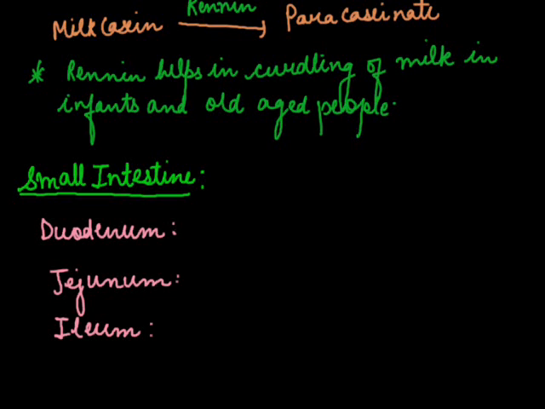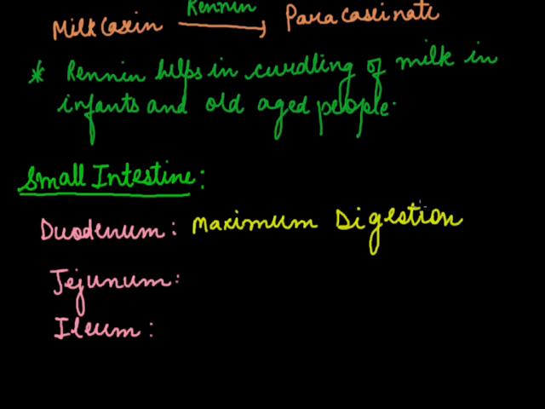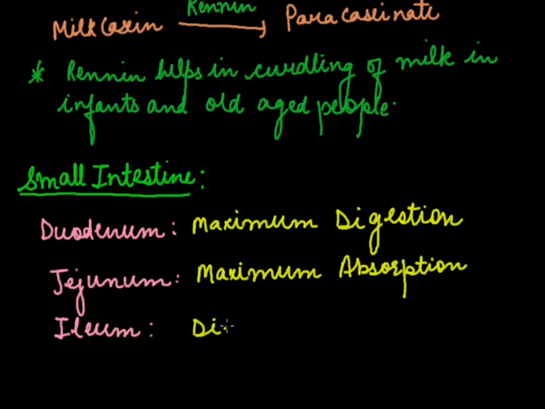Duodenum is responsible for maximum digestion. In jejunum, there is maximum absorption, whereas in ileum, digestion is completed.